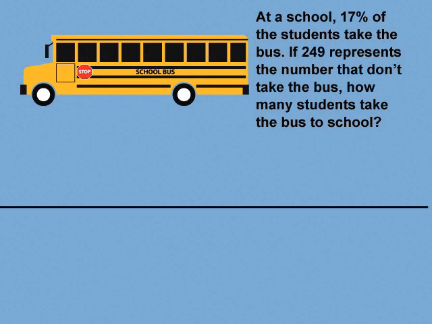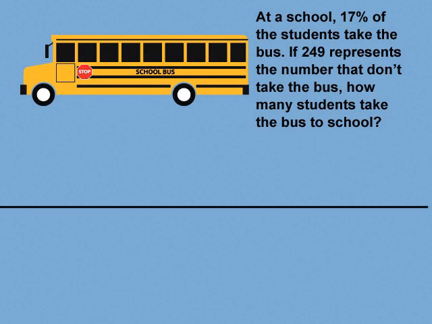At a school, 17% of the students take the bus. If 249 represents the number that don't take the bus, how many students take the bus to school? In this example, we are given 17%, and this represents the fraction of students that took the bus.